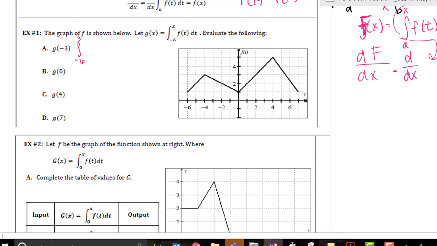This is important because it helps define our start and end point for solving these values. Since our start point is -6 and that is not moving, we're going to be finding the area to the right of -6. So for our very first value, we'd be going from -6 all the way to -3.